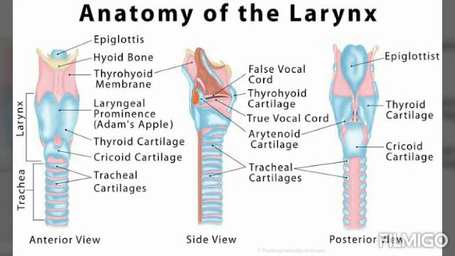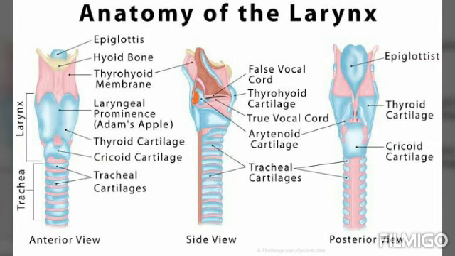The leaf-like structure called the epiglottis forms the entrance to the larynx. The epiglottis closes while swallowing so that food particles do not enter the larynx. In case any foreign particle or food particle enters the larynx, it is expelled with the coughing reflex.